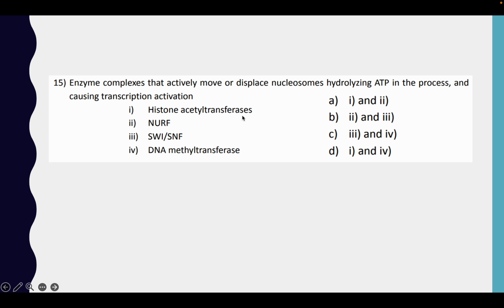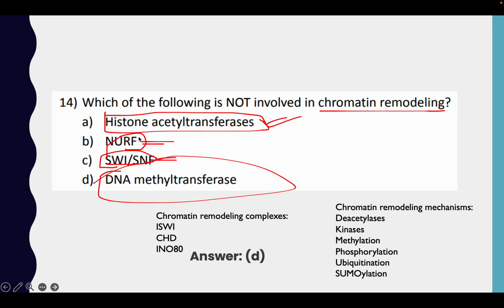Acetyltransferase acetylates, or transfers the acetyl group from one to another histone, and the other will transfer the methyl group. I have already explained the function of these two enzyme complexes in the previous question.